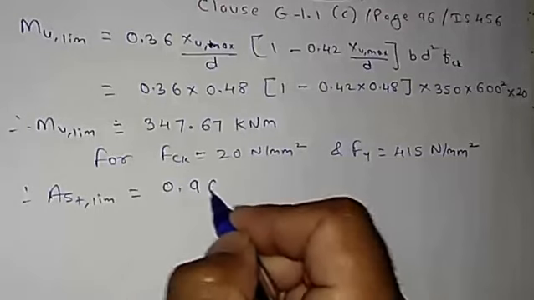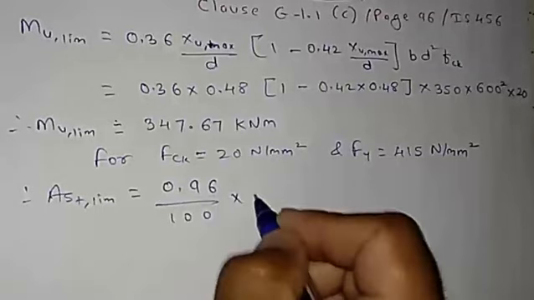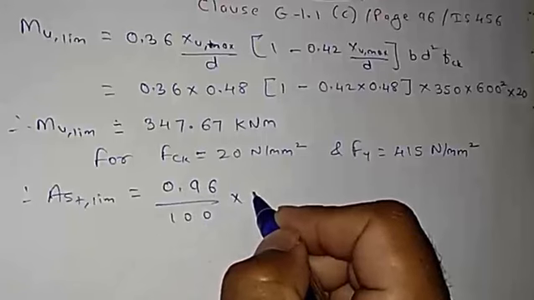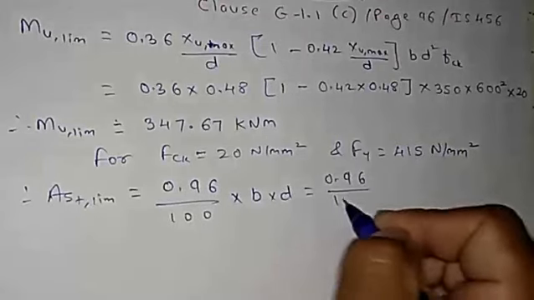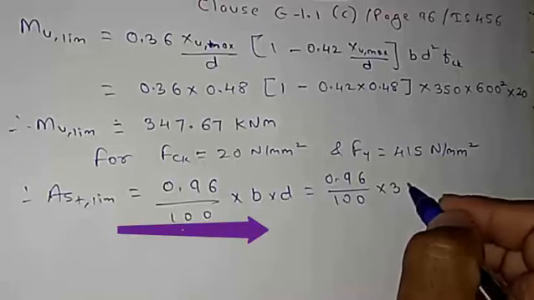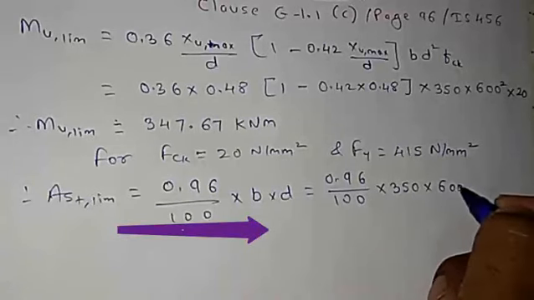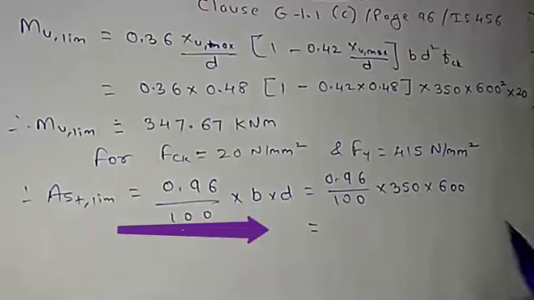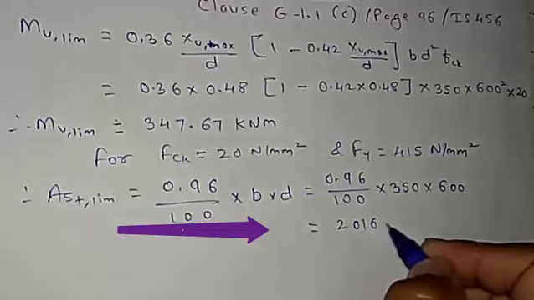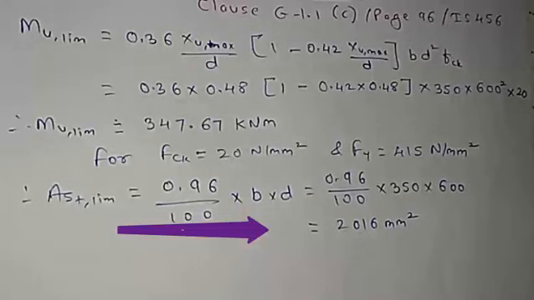So 0.96 multiplied by b into d. So this is 0.96 multiplied by 350 multiplied by 600. So you will get this around 2016 mm square.